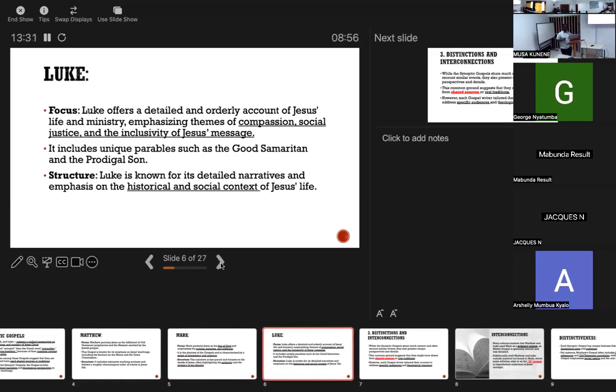Now, what of Luke? You will find in your reading of Luke that he offers a detailed and orderly account of Jesus' life and ministry. He emphasizes themes such as compassion, social justice, and there's also a massive inclusivity in Jesus' message.